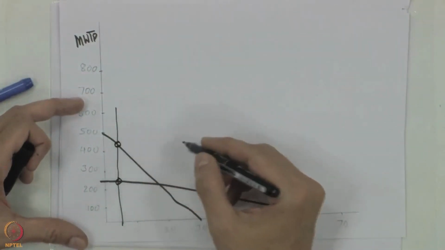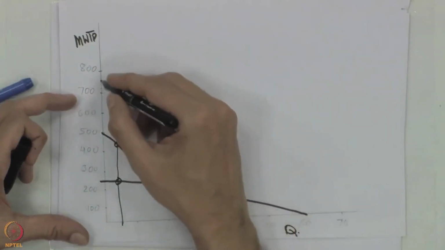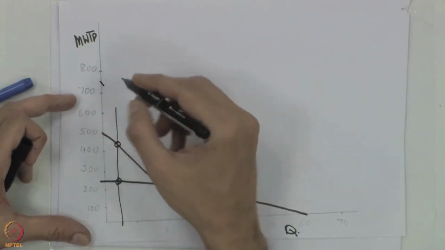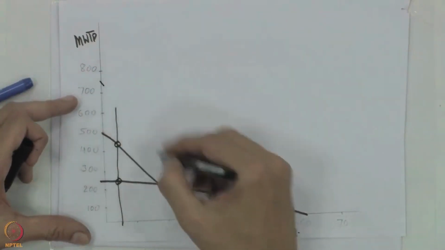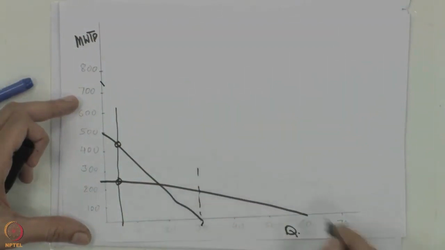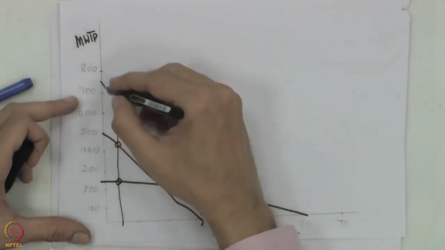It starts from 750, and beyond Q of 30, it will come to here.